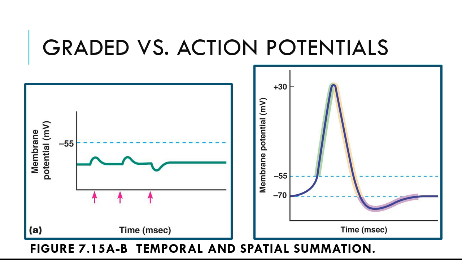The action potential is often referred to as an all or none event, meaning if we reach threshold, all of this is happening. We depolarize, flip the polarity to positively charged, and then repolarize, and then hyperpolarize, and then quickly establish back to resting membrane potential.